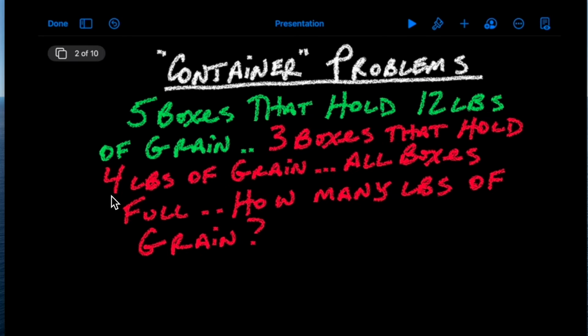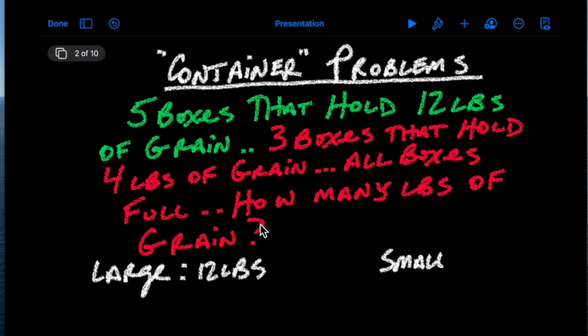Okay, so there are two types of boxes that are contributing here. The first is the large boxes, and they hold 12 pounds each. And then we have smaller boxes, and they carry 4 pounds of grain.